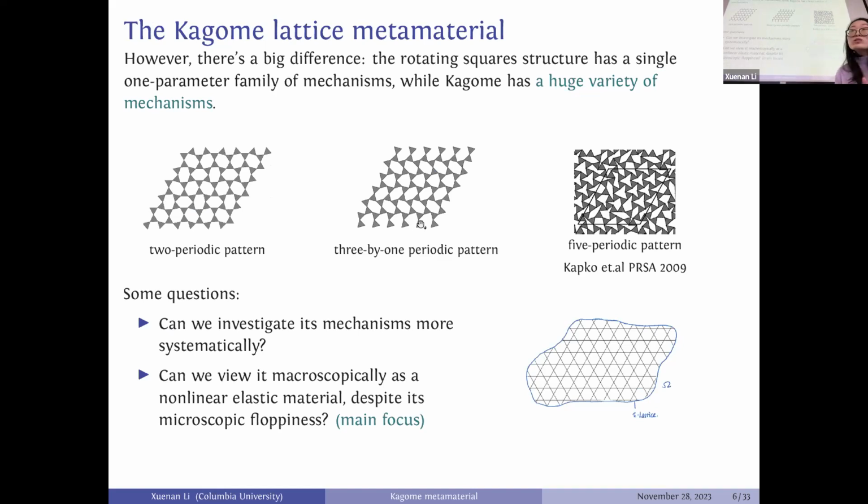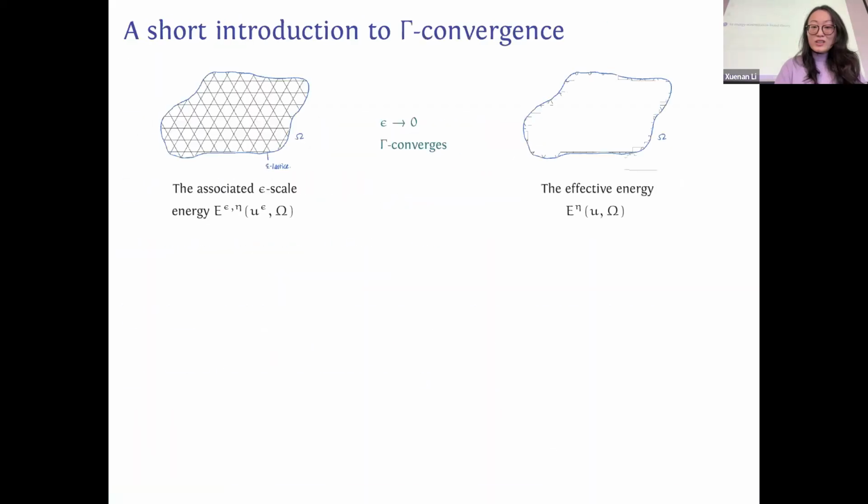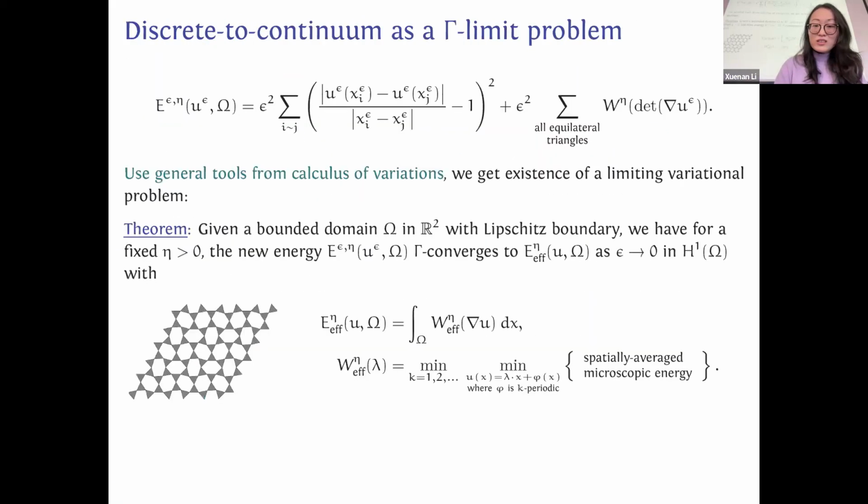They might both achieve isotropic compression at the end, but through different periodicity. So if you want to find the smallest energy you can achieve for an affine deformation like lambda dot x, you have to consider all the possible lambda x plus phi, where phi can be any kind of periodicity.